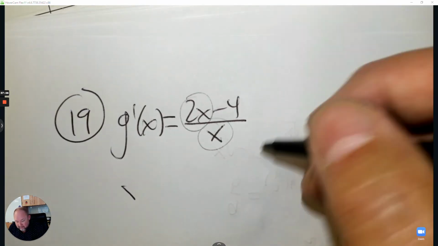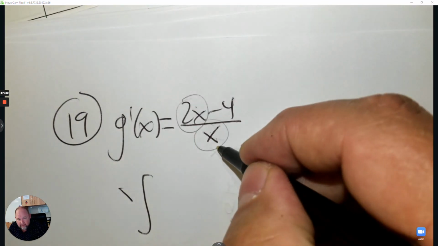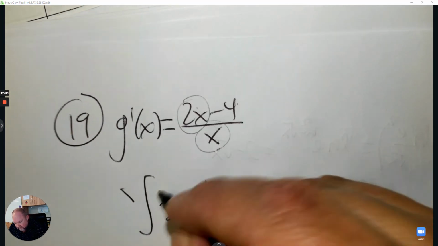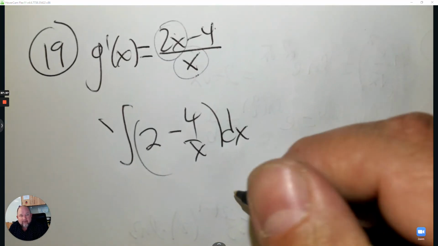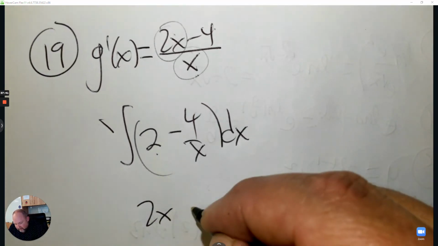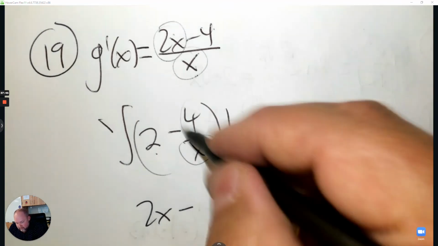Because it's a monomial, I can just go 2x divided by x and 4 over x, and then do the antiderivative of that. The antiderivative of 2 is 2x. For 4 over x, this is going to be a logarithm with a 4 in front.